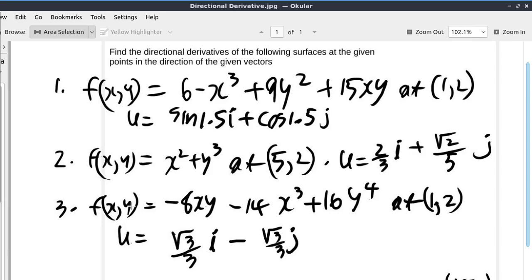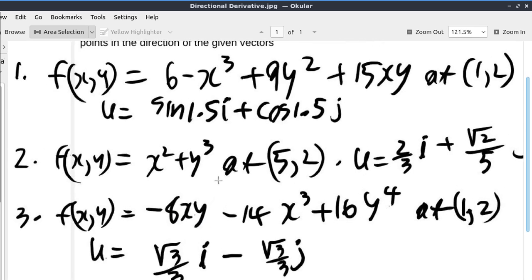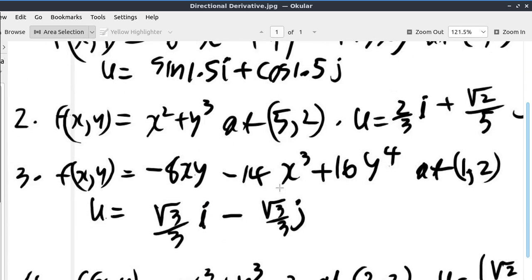Question 3, f of x y is equal to negative 8xy minus 4x cubed plus 16y to the fourth at (1, 2). The vector is the square root of 3 divided by 3 i minus square root of 3 divided by 3 j.